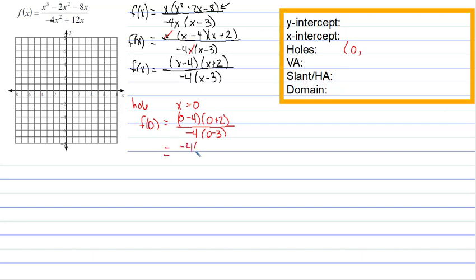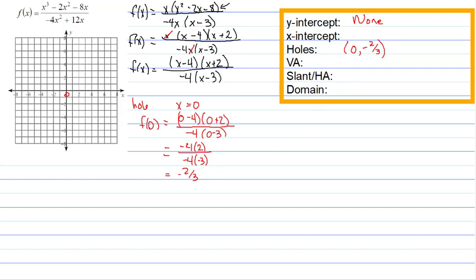So I have negative 4 times positive 2 divided by negative 4 times negative 3, and that reduces to negative 2/3. So my y value is negative 2/3. That means I have a hole at my y-intercept, so there is no y-intercept. This is one of the weird ones that has no y-intercept. That is very rare, but it can happen.